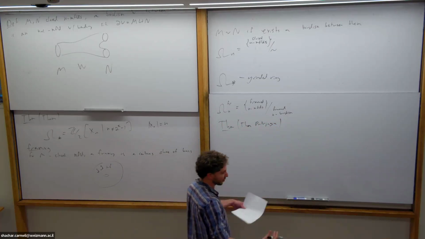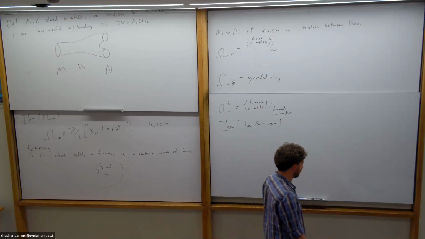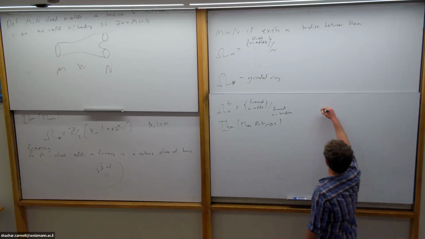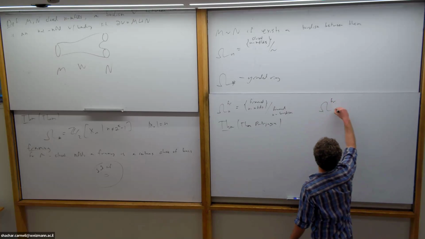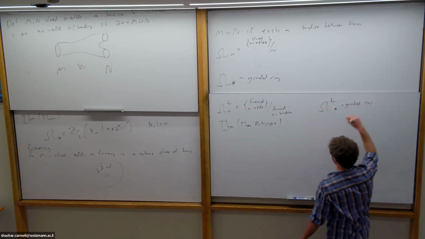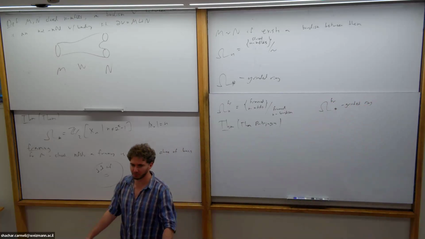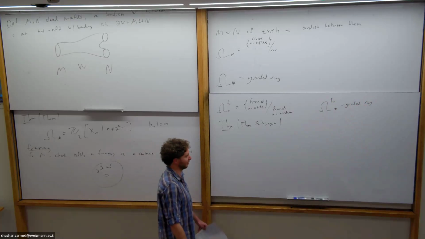Yes, the bordisms themselves should have a framing, and the framing should agree on the boundary. And this is also a graded ring, where again the addition is given by disjoint union of manifolds, and the multiplication is given by the product of manifolds, and you can multiply the framings as well.